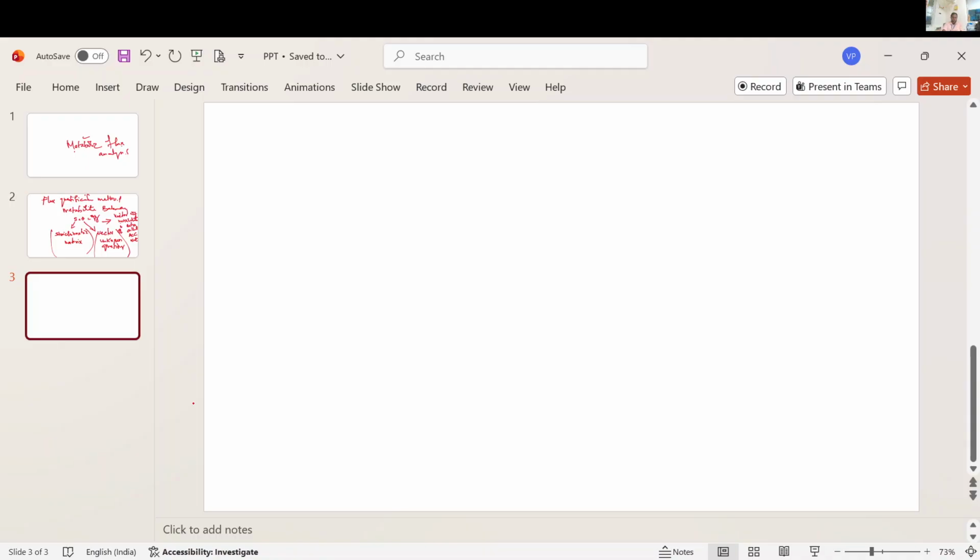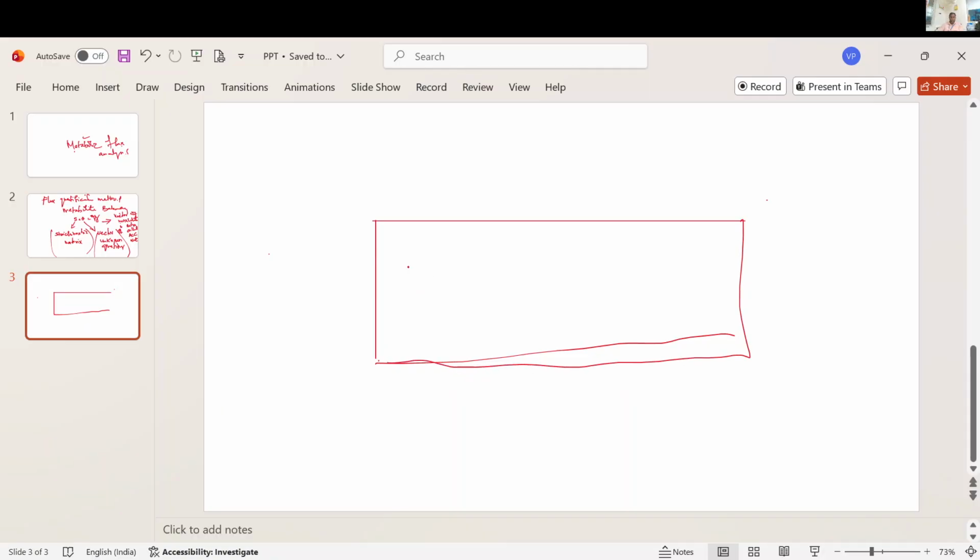How we can form the reaction is, let us take a reaction like this.